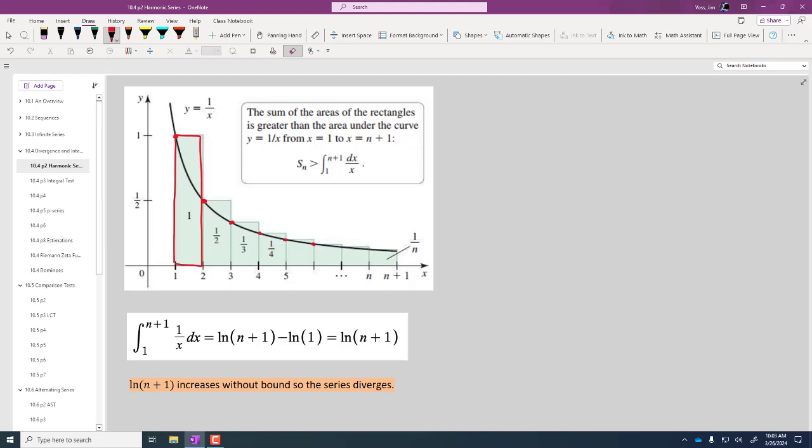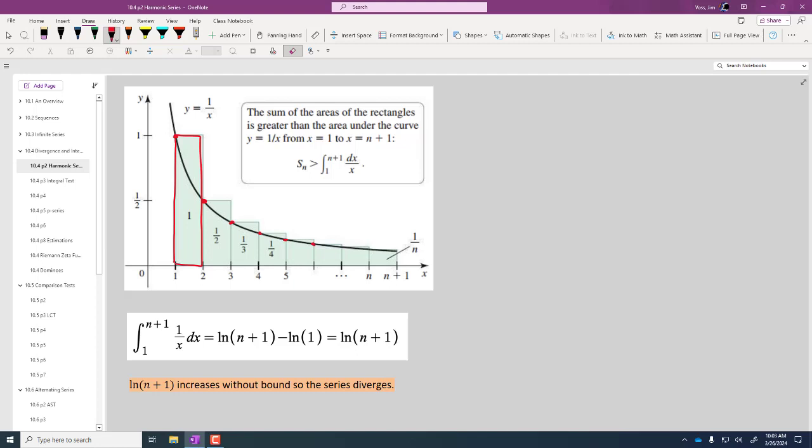We can use the area of that rectangle to visualize the value of that term. Everyone agree that the height and the area are the same because the width is 1? If the height is 1 and the width is 1, the area is 1. If the height is a half and the width is 1, the area is a half. So we can use rectangles to visualize the value of each term.